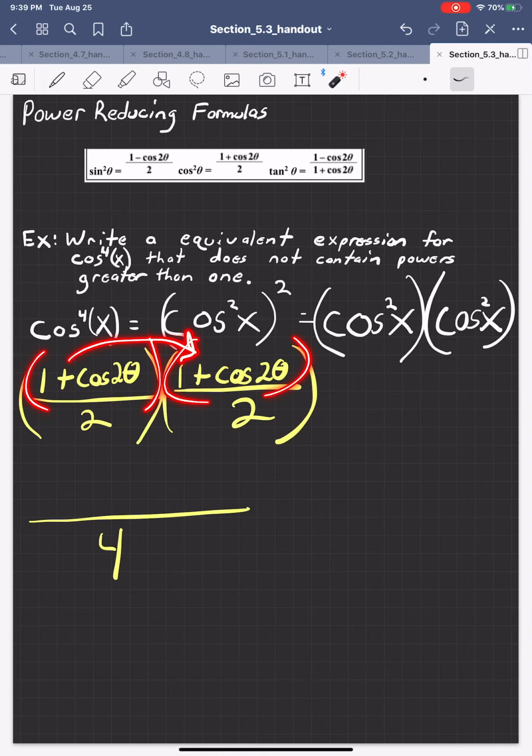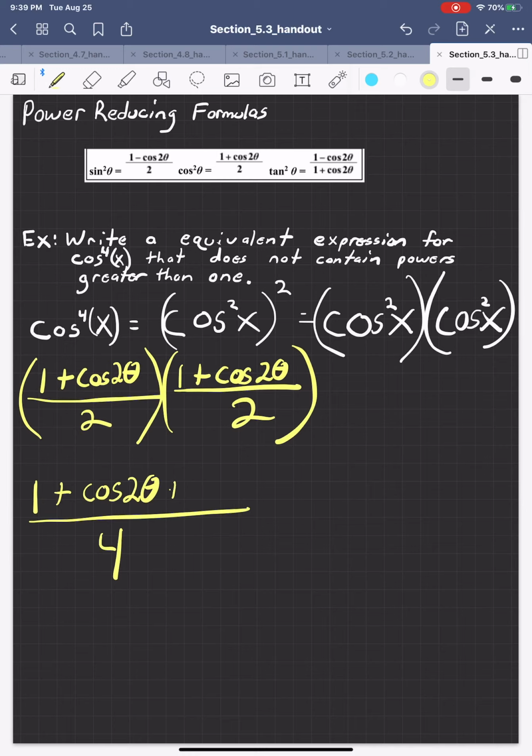Then it's going to be 1 times cosine double theta. Then cosine of double theta times 1 is just another cosine of double theta.